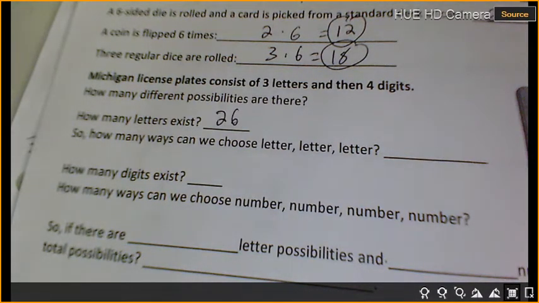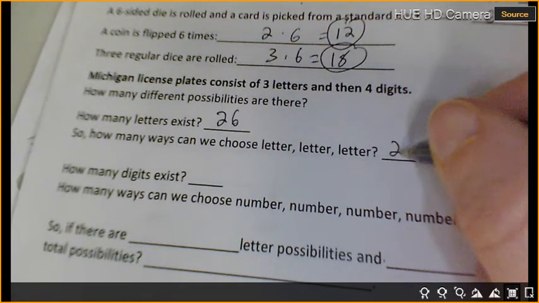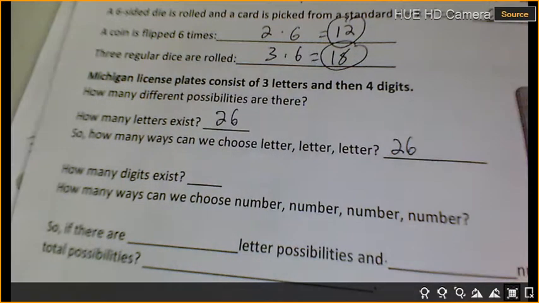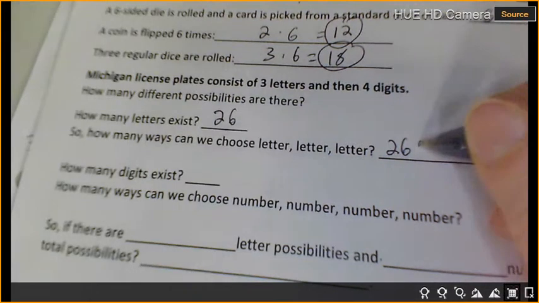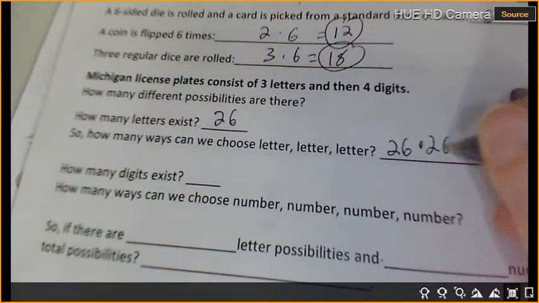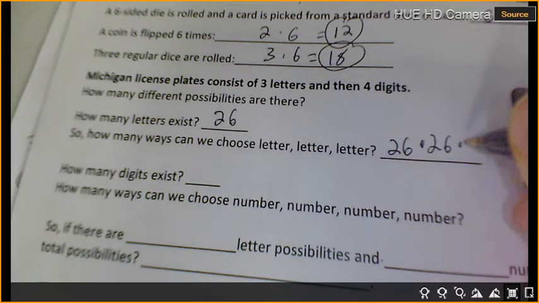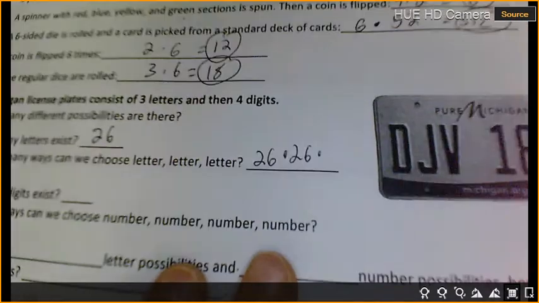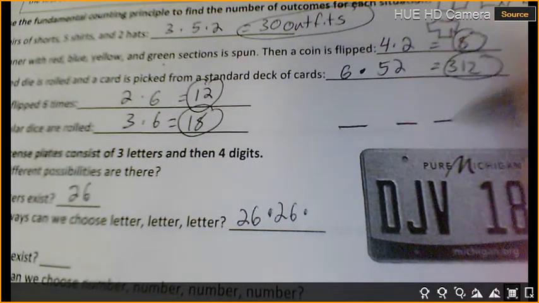Okay, so I can choose any 3 letters. It doesn't say that they can't repeat, right? So I can use them as many times as I want. My first space, I can choose 26 letters. My second space, I can choose 26 letters. And my third spot, it's like letter, letter, letter, number, number, number.